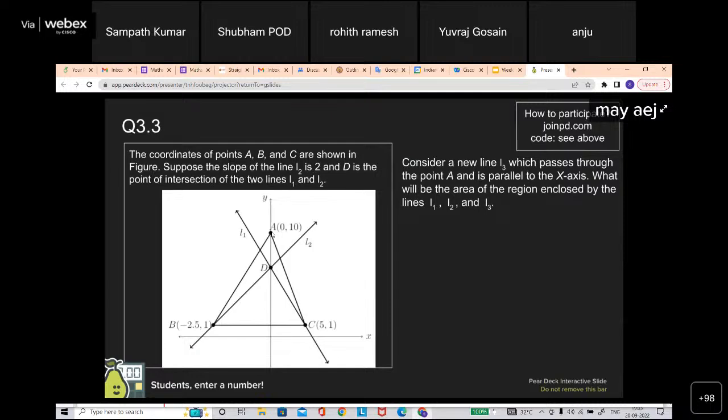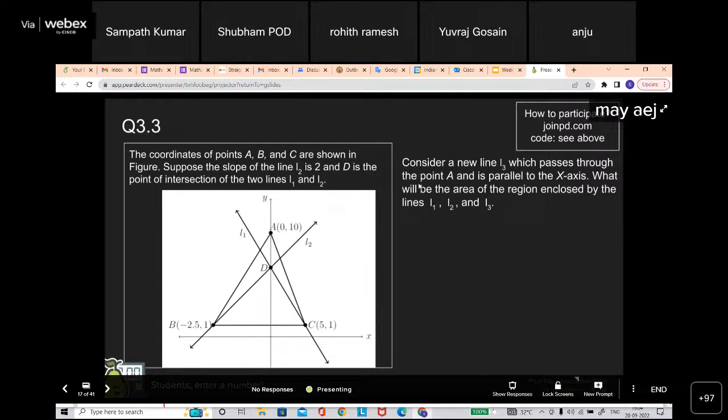This is again an interesting thing. Based on the same information you have, the difference is to consider a new line. So this information is the same, but consider a new line L3 which passes through the point A. We don't know how it passes, but the next information about L3 is that it's parallel to the x-axis.